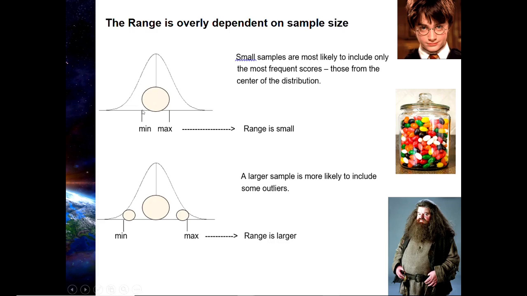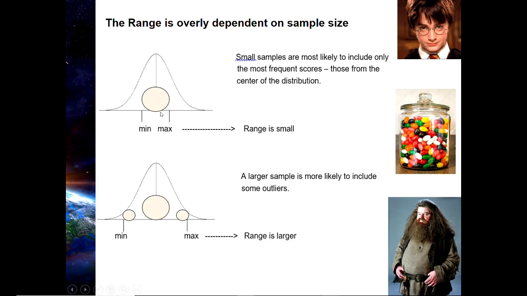Well, scores from the middle of this distribution, because these are the most frequent scores, which means they are the most likely. In a sample, you get the scores that are the most frequent. So if we were to calculate max minus min, we would see that the range is a very small number, because we're getting the most frequent scores with a very small sample.